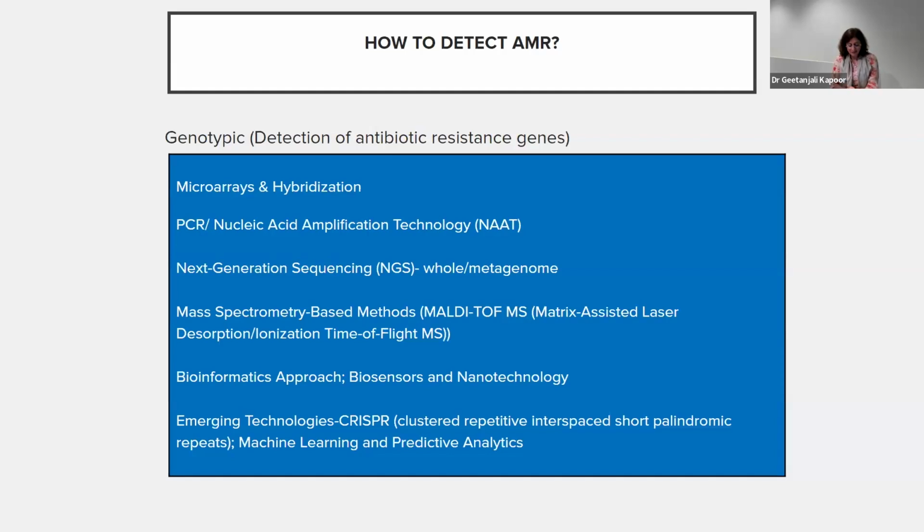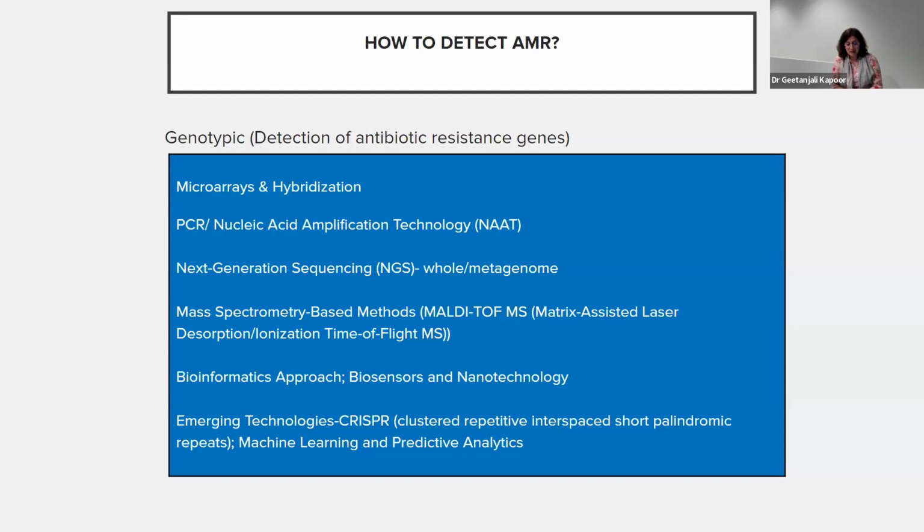Now, other than the phenotypic methods, we also have genotypic methods, or the molecular methods, for detecting the antibiotic resistance genes. This list may not be comprehensive, but I just wanted to show it here because, of course, we are talking about AMR, and for that we need to know the various ways that we check for resistance on the molecular side.